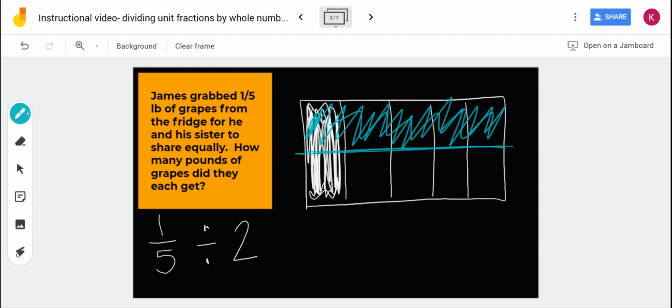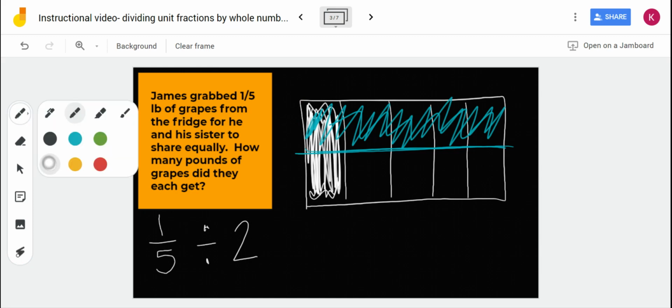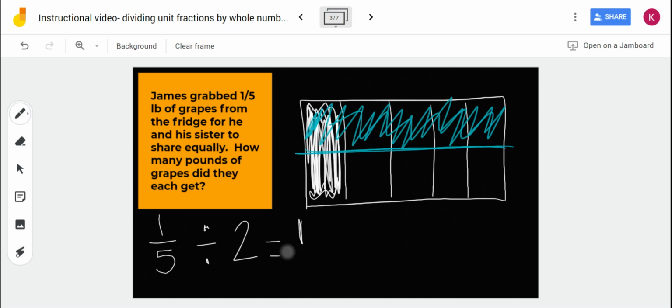So if I were to put this as part of my answer, I see that there is one part that has both colors, and that's my numerator. But how many parts are there? So let's count them. There's 1, 2, 3, 4, 5, 6, 7, 8, 9, 10. So that number becomes my denominator.